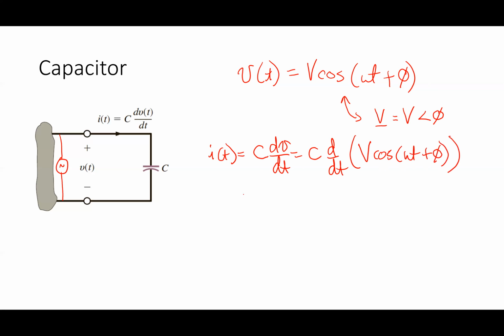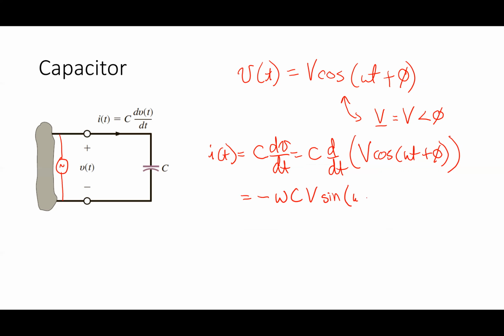All right, help me out. What's the derivative of that? How does the derivative change? We have to include the plus phi, but it doesn't change the result. Right, so it becomes negative omega C V times sine of what?